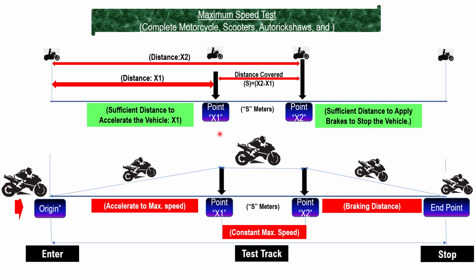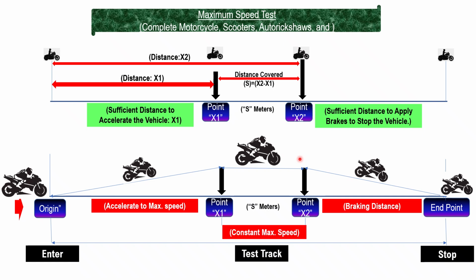From the point X1 to the point X2, the total distance is S meters, and this is the constant maximum speed zone where the motorcycle or motor vehicle travels at its maximum speed.